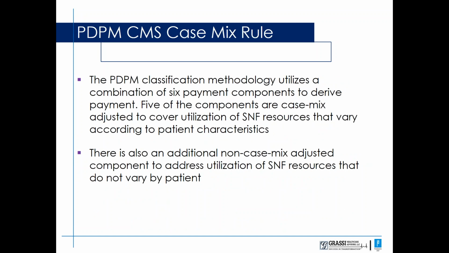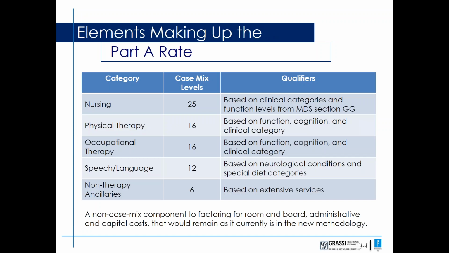The PDPM classification methodology utilizes a combination of 6 payment components to derive the payment. 5 of the components are case mix adjusted. One is just the room and board fixed component. And here they are.